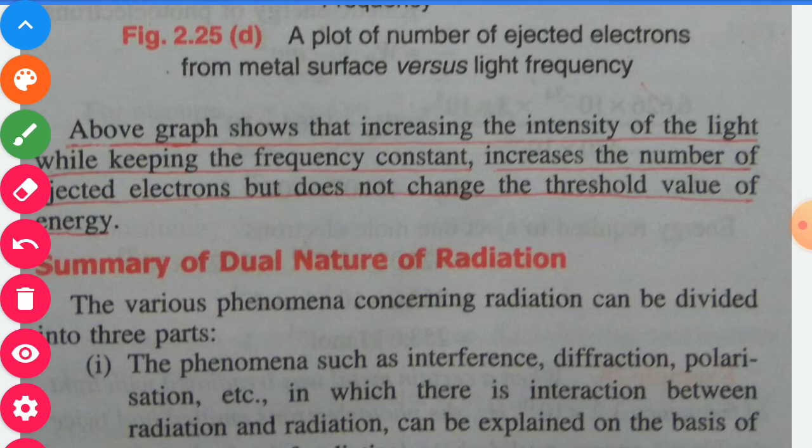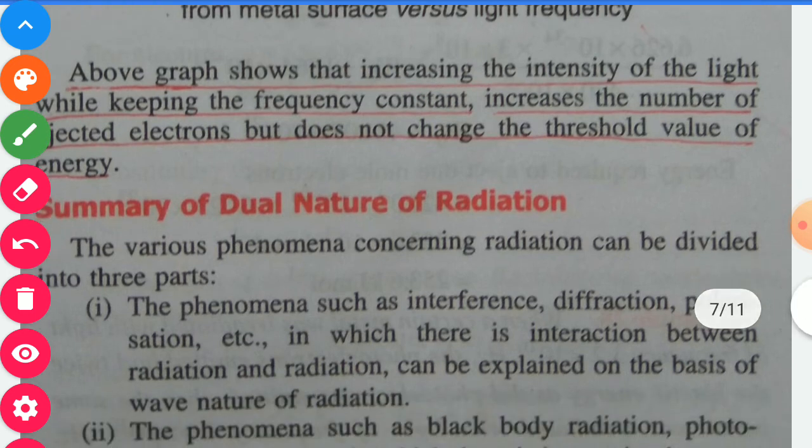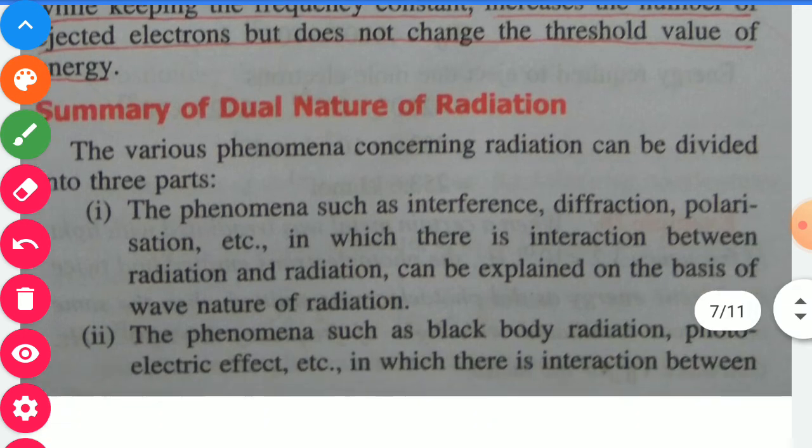Now a summary of the dual nature of radiation. First point: phenomena such as interference, diffraction, polarization, etc., in which there is interaction between radiation and radiation, can be explained on the basis of the wave nature of radiation.